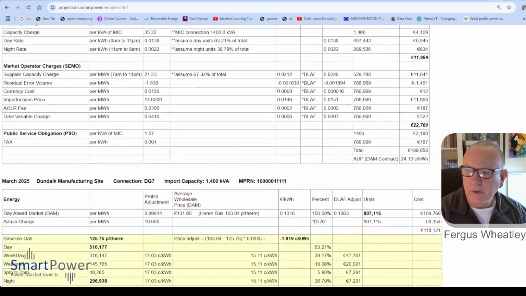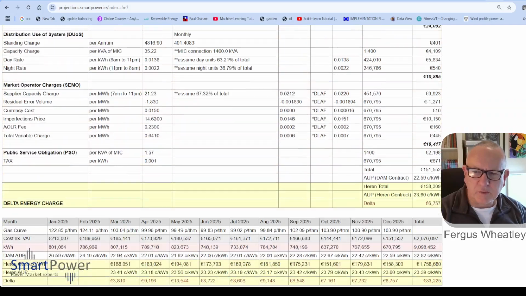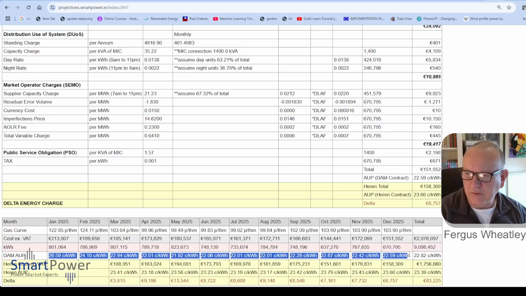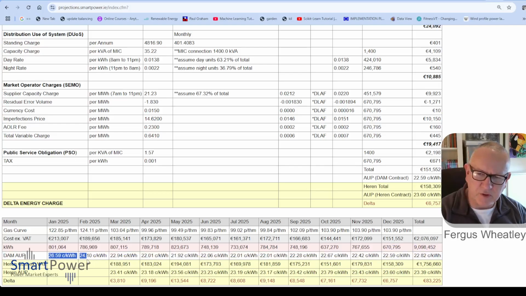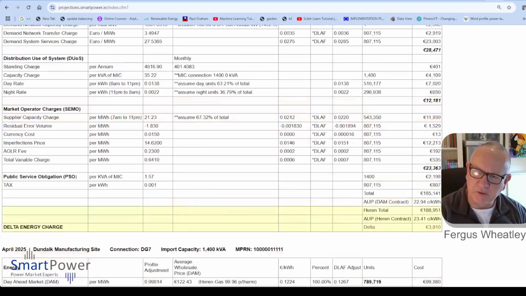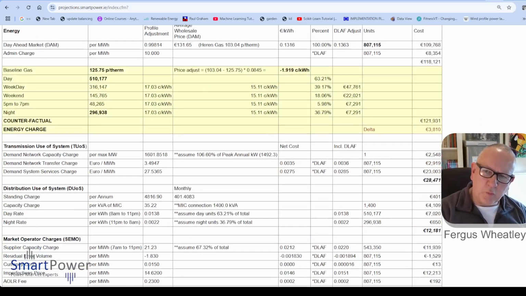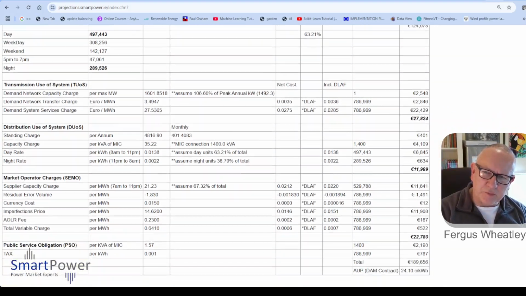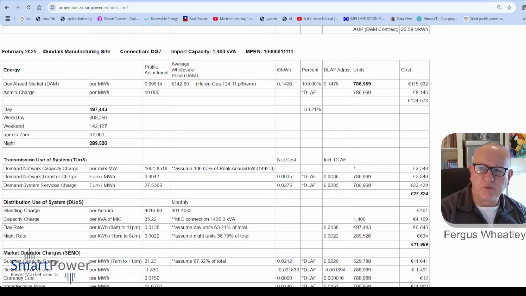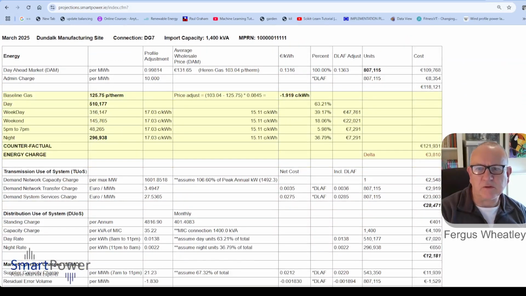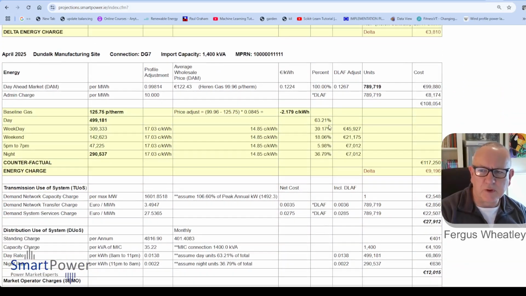So if we go down to the end, we can actually have a look at those, and they're there for each month. Now the price of gas and the price of electricity is very closely correlated. So this allows us to say, okay, the gas curve for next month, April, is 99.96.